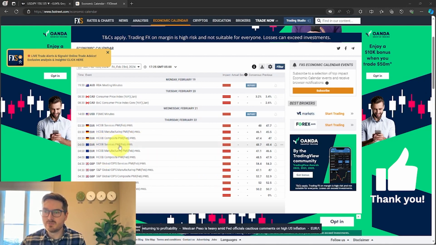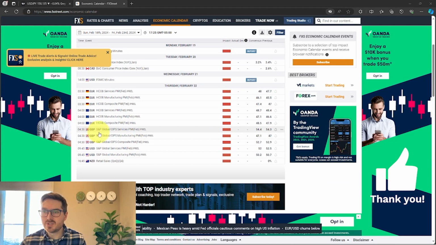And then for the British Pound, we've got S&P Global CIPS Services PMI for February, Manufacturing PMI, and the Composite PMI. And for USD, we've got the Global Services PMI and Global Manufacturing PMI for February. And then last but not least, we've got New Zealand dollar retail sales for the fourth quarter.